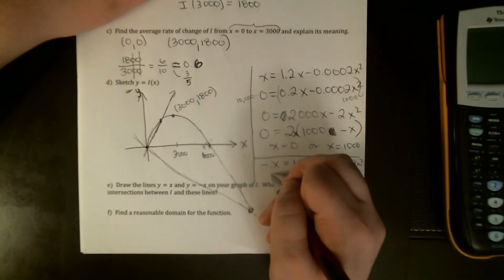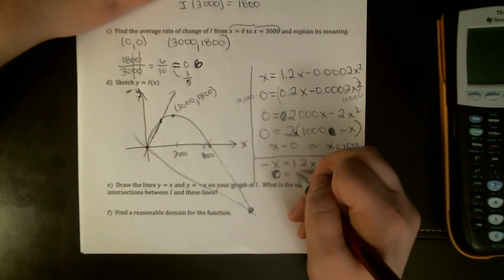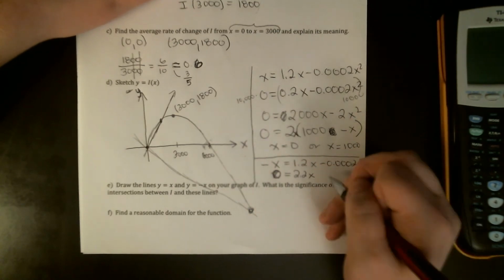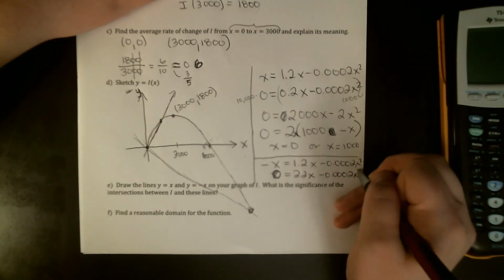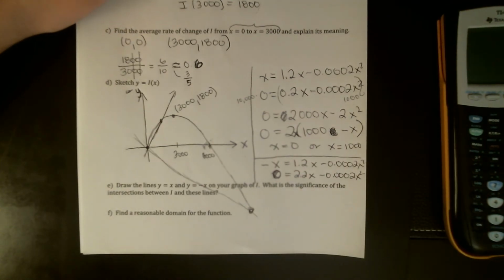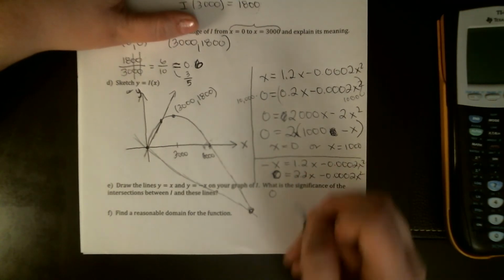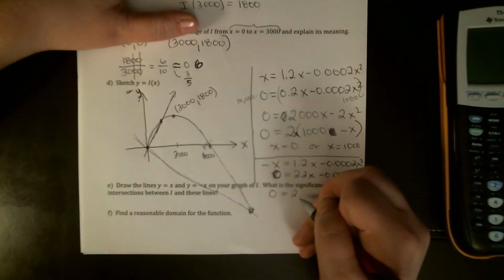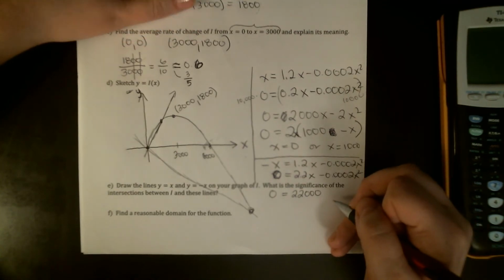Squared. Okay, so if we add an x to both sides, this is going to be 0. We're going to get a 2.2x minus 2 10,000ths, I guess is what that really is. And then I'm going to go ahead and do the same thing. Move the decimal place over 1, 2, 3, 4 times.